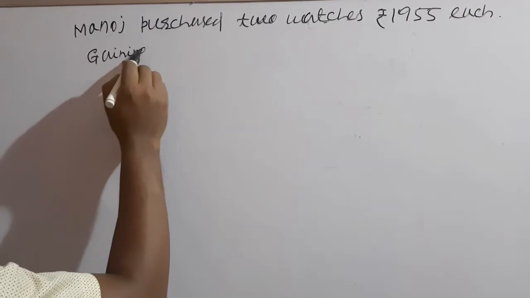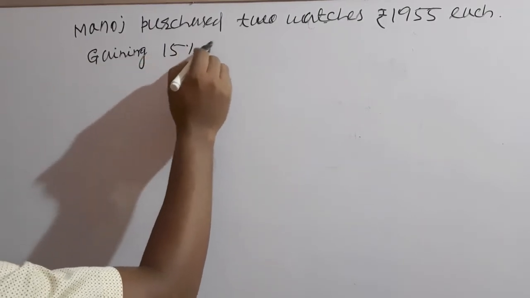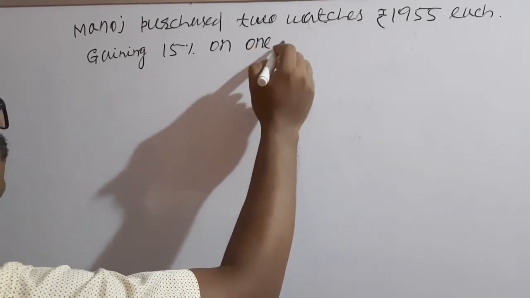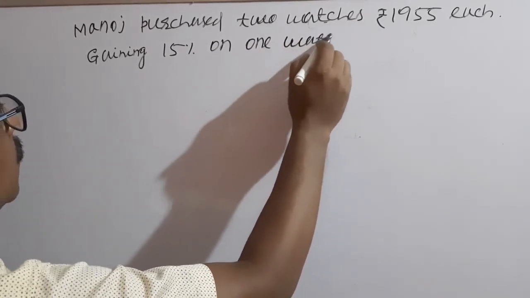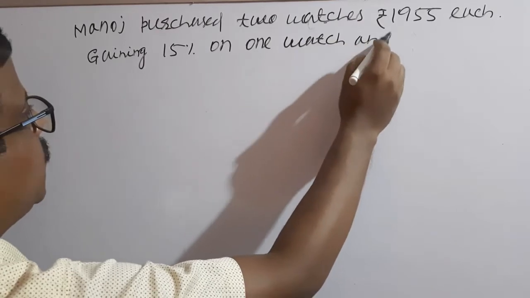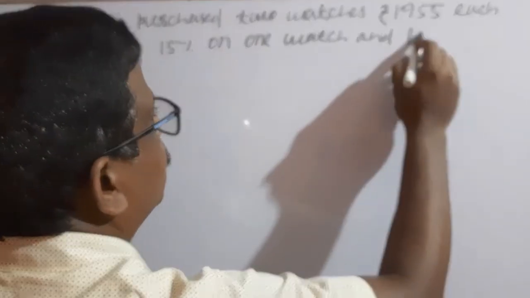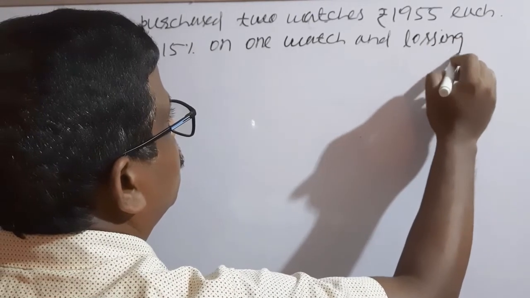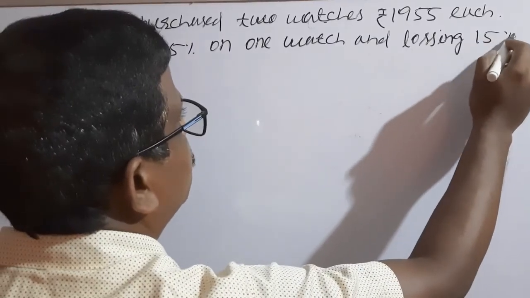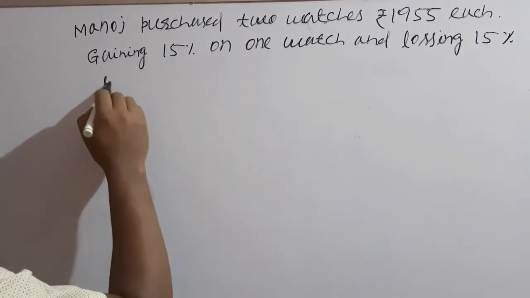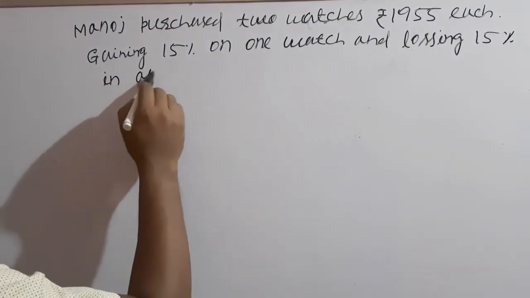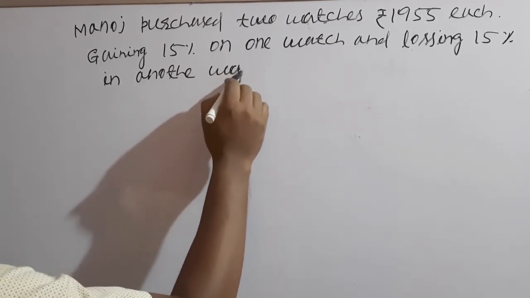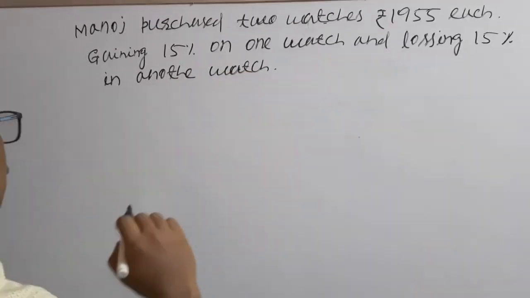Gaining 15% on one watch and losing 15% on another watch. Clear?